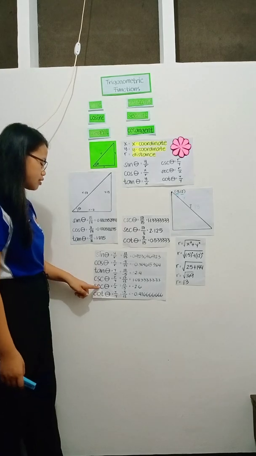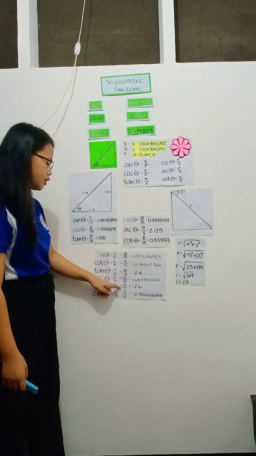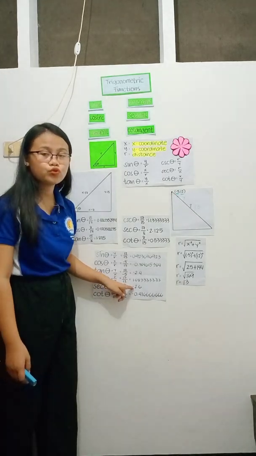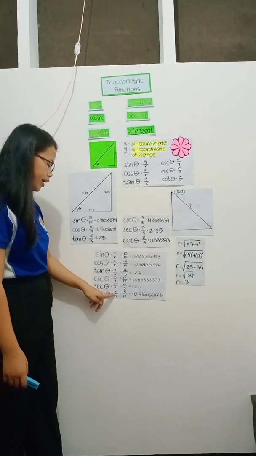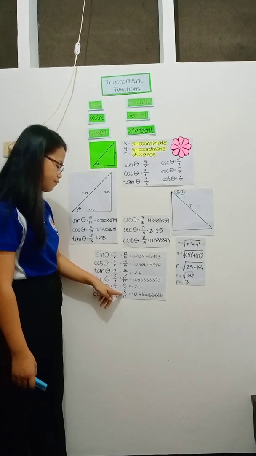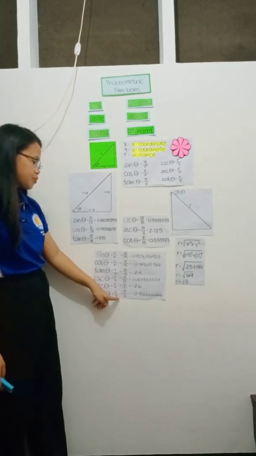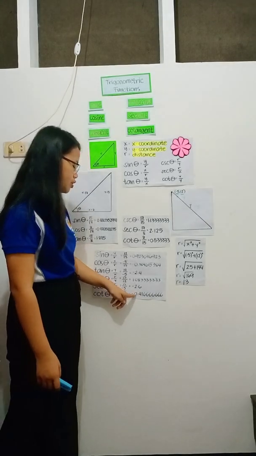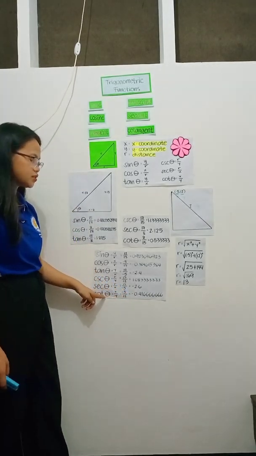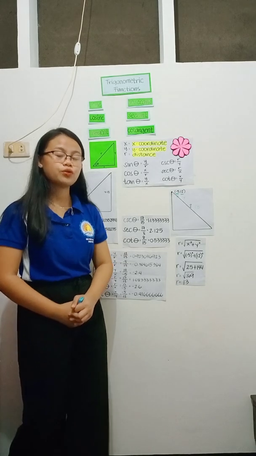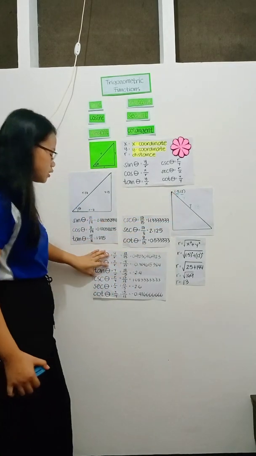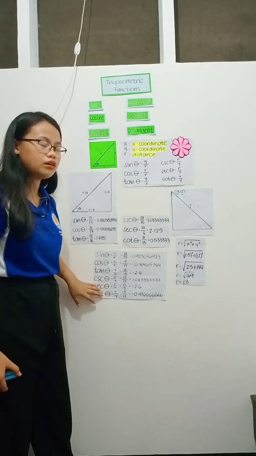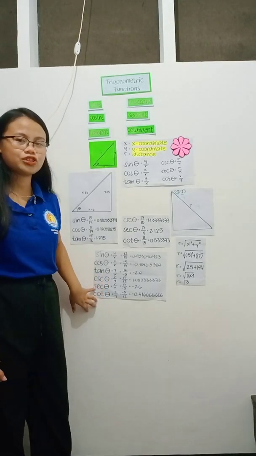For secant, r over x, 13 divided by negative 5, the answer is negative 2.6. And for cotangent, x over y, negative 5 divided by 12, we'll get the answer negative 0.41666666. So that's it. From this figure, these are its 6 trigonometric functions.